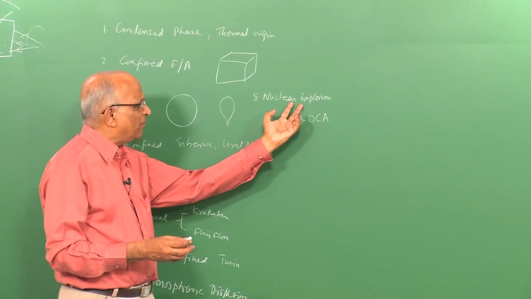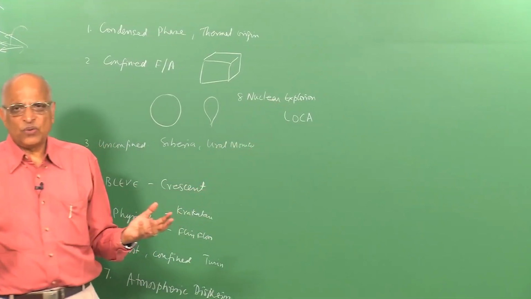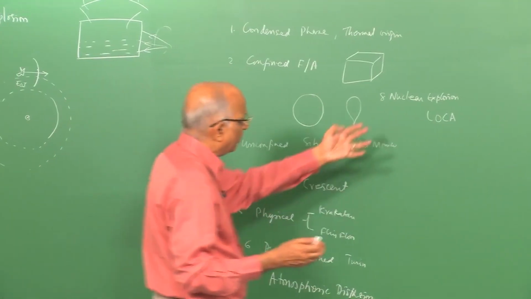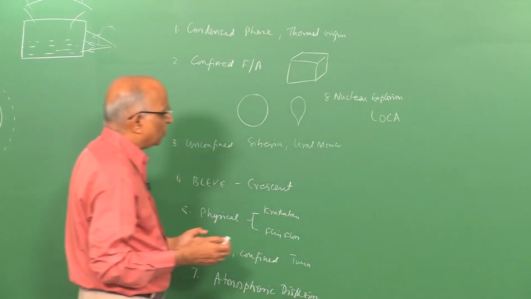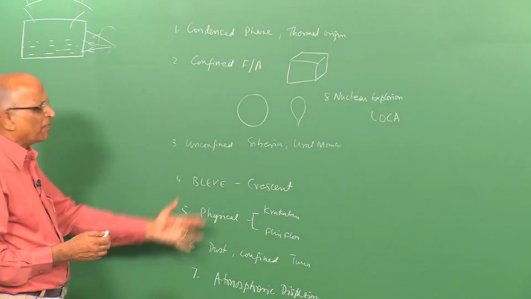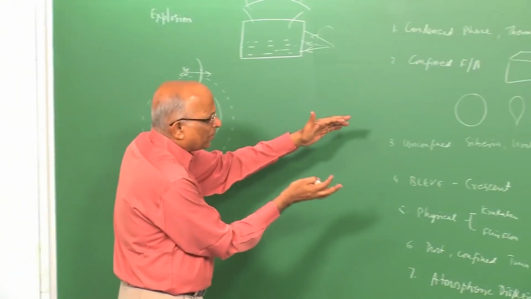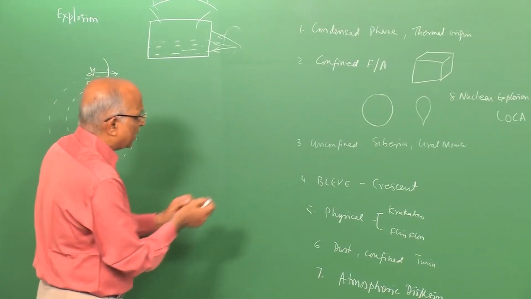We also said, well, fission and fusion are cases wherein intentionally these are exploded, but we will not consider fission and fusion type of accidents in the course which we are doing, and these were the 8 different categories of explosions. This gave us a picture of what happens in an explosion.